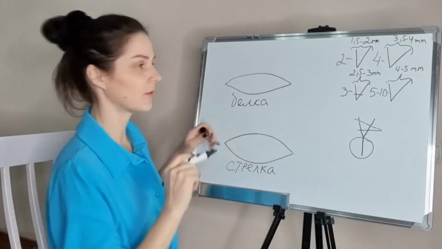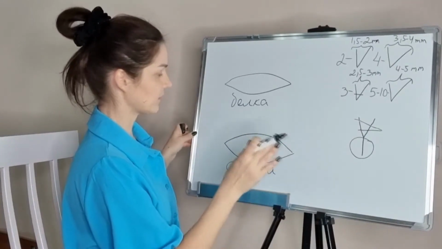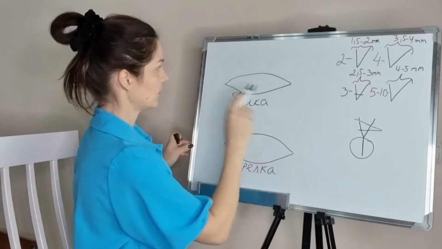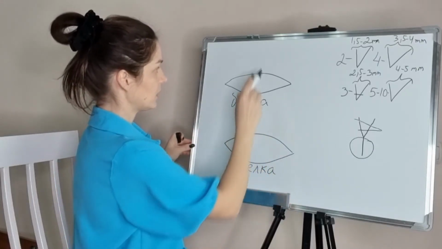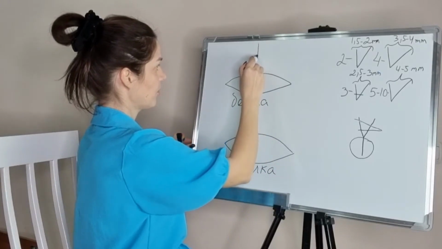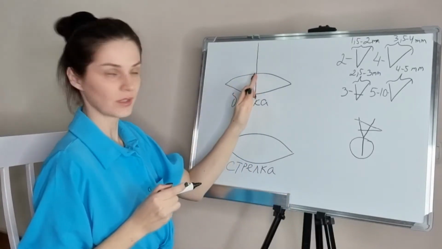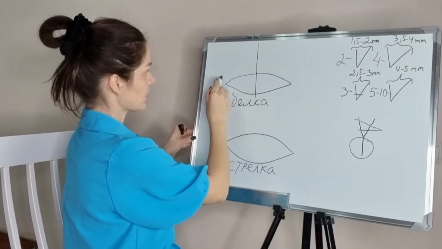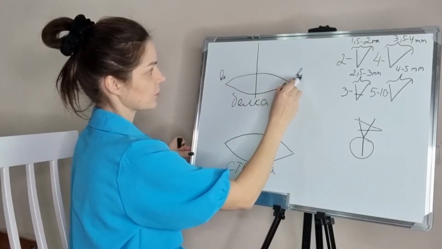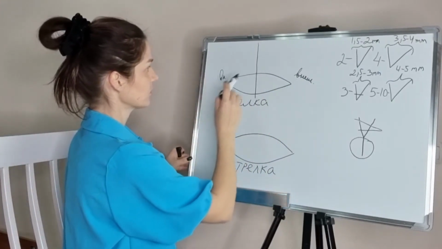The arrow squirrel. As I always say, we understand how we should divide the eye. We are always watching. If we have a squirrel, then we always divide the eye into two parts. This is our inner corner, this is the outer one. Now, what are we doing?